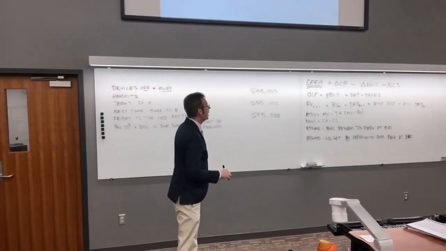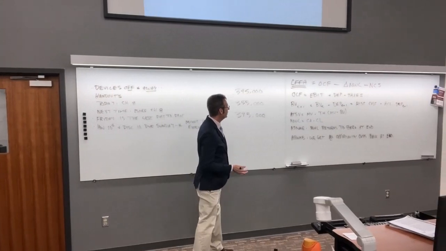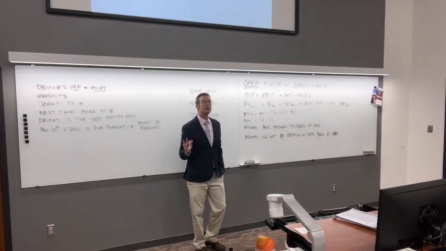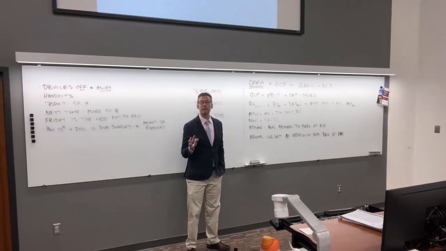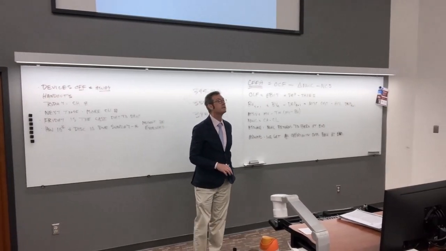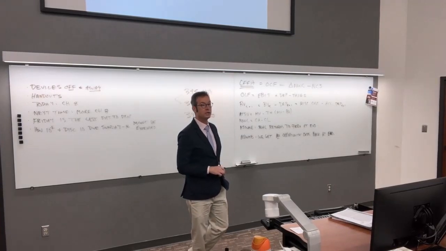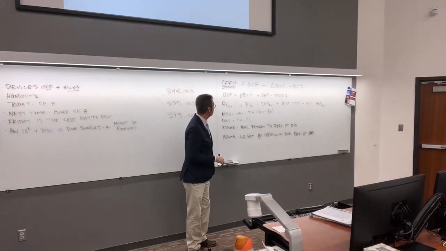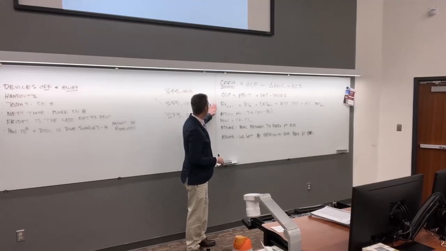Okay, now, something else we're going to have to talk about here is book value. By the way, book value, depreciation, the only reason we care about these things is because of taxes. The higher your depreciation is, the lower your taxes are. So let's talk about the book value.